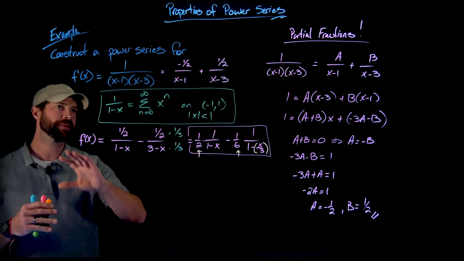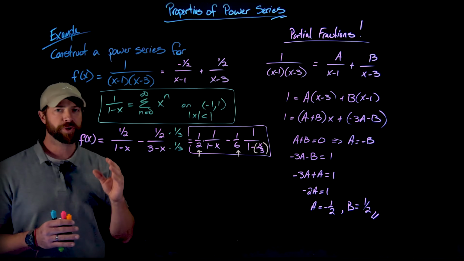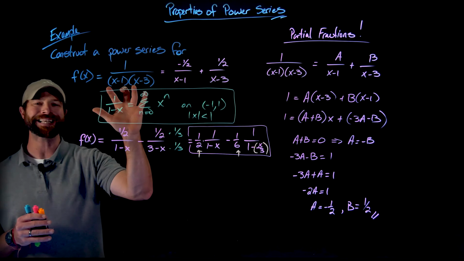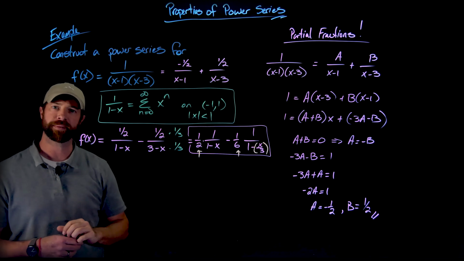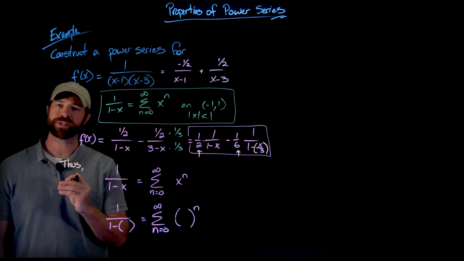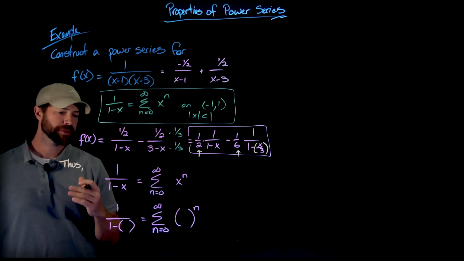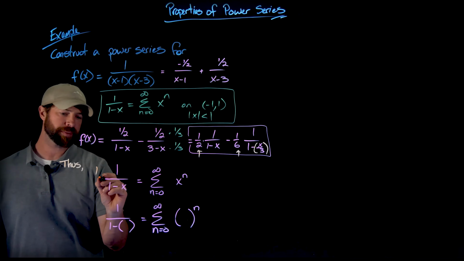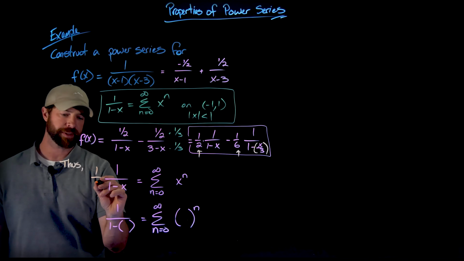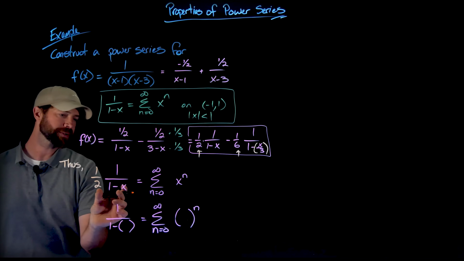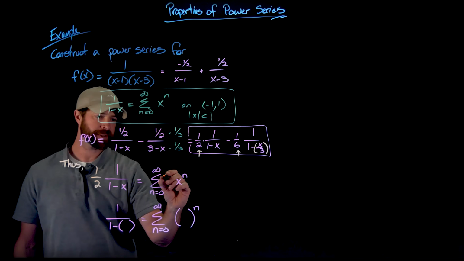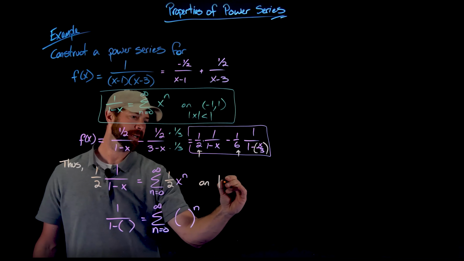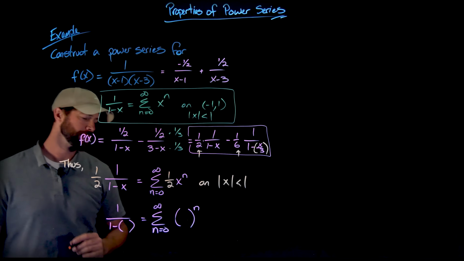And so this was all just the setup. I'm going to show you the straightforward construction of a power series that represents this, given the work that I've already put in. So first thing, we're going to construct two separate series for each of these terms. What we know for this first one right here is that if I multiply this known function and power series by 1/2, this will converge to this power series right here, where I throw this 1/2 in, and this will be on that same interval from -1 to 1.